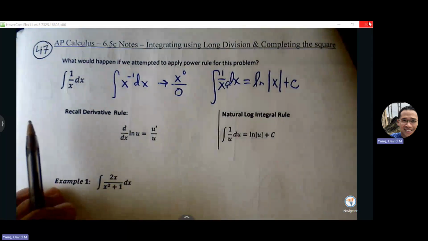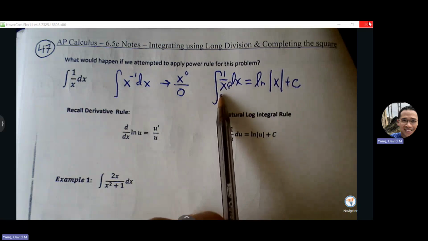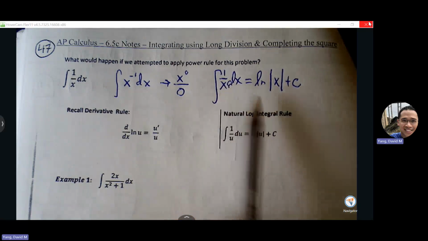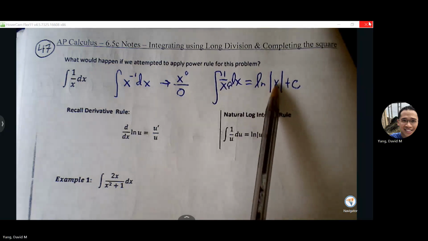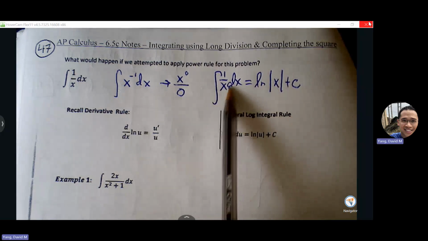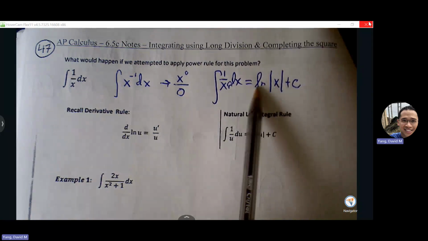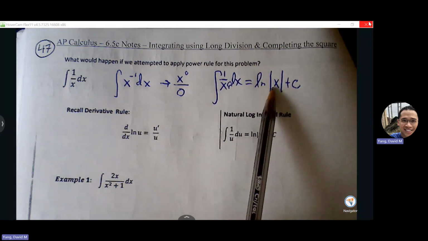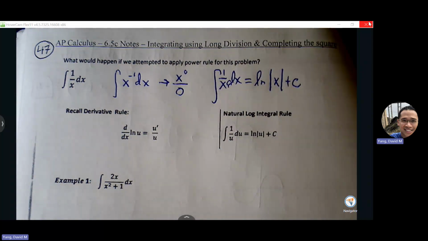By absolute value, first off, we want to make sure that any x value is represented as just positive, because natural log cannot take a negative value. So to ensure that, we have to protect it with an absolute value.